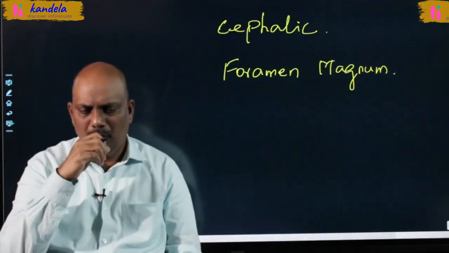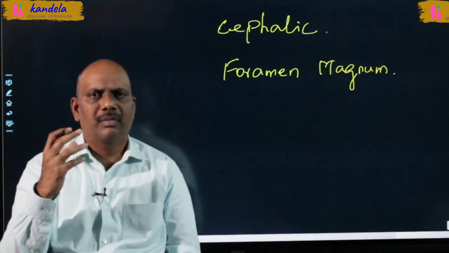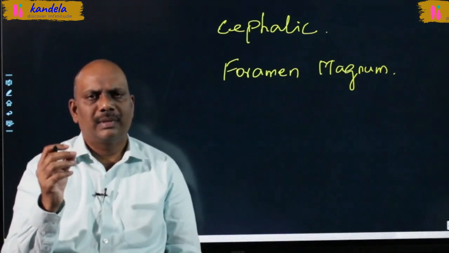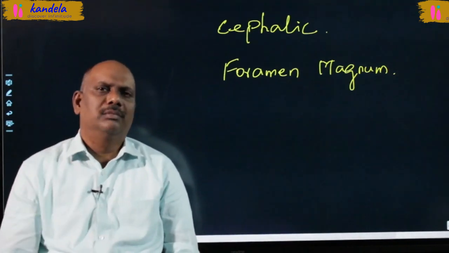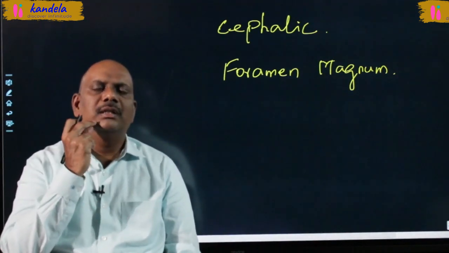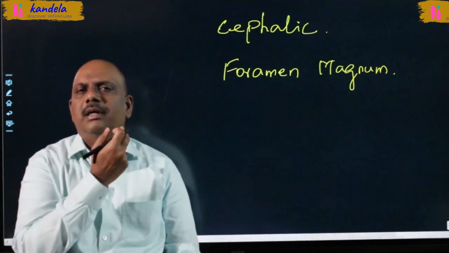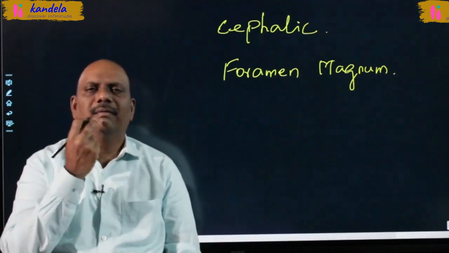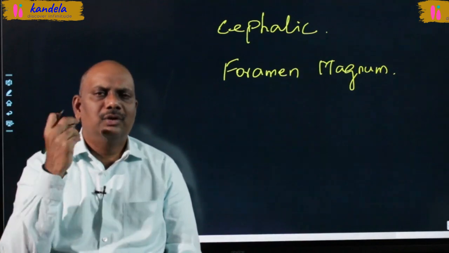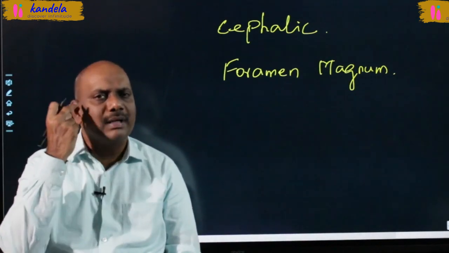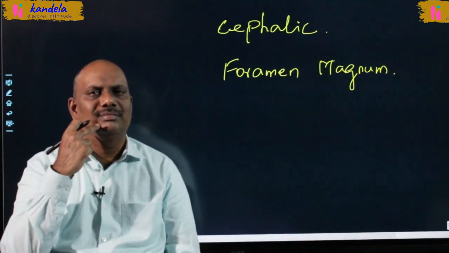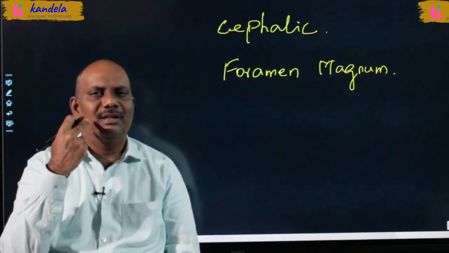See, in anatomy, foramen refers to an opening in a bone. For example, in our lower jaw, there is one opening here, and one opening here. We call that the mental foramen. That is an opening through which nerves and blood vessels pass from this side of the jaw to that side of the jaw.